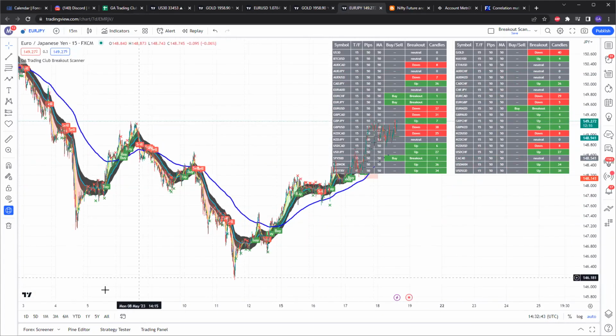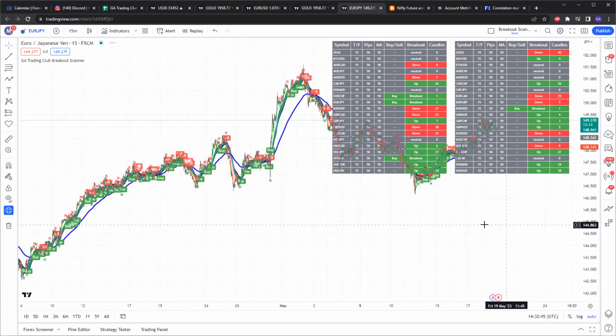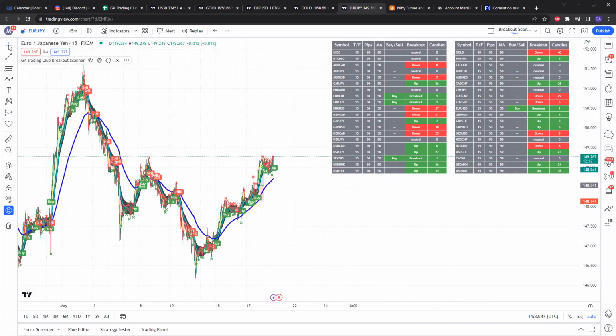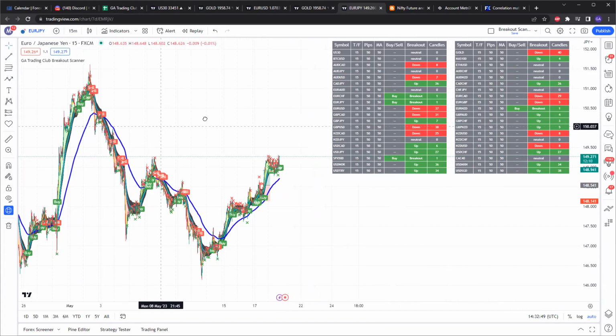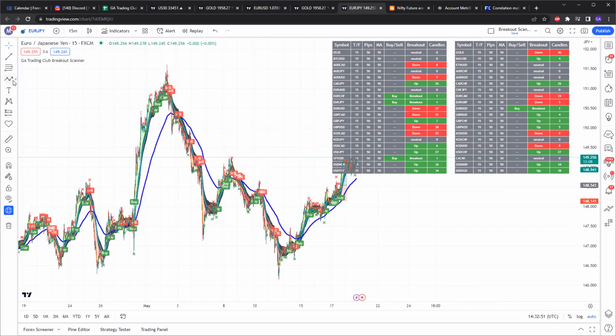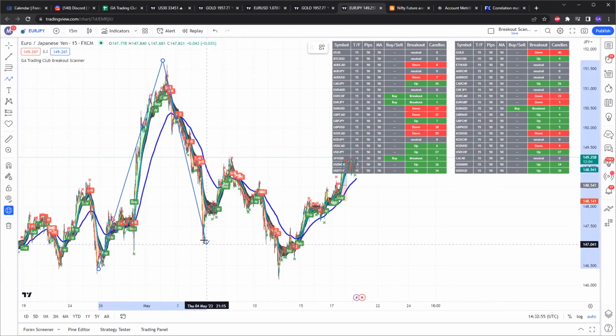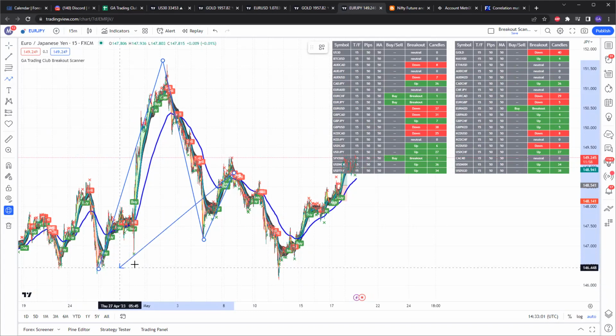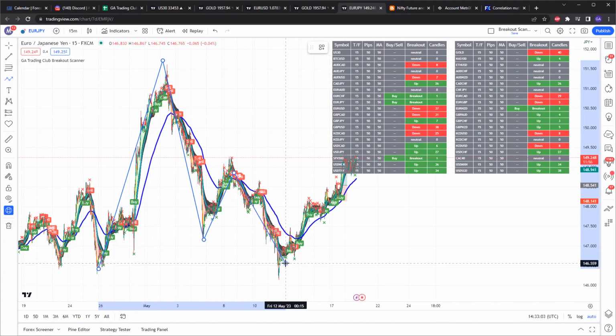Zooming out, it's not the same thing as Euro CHF. We have two things, right? Being objective here, Euro JPY completed structure to the downside eventually. This was the first point of structure right here that was completed eventually down here. So if a structure is completed, what do we know?